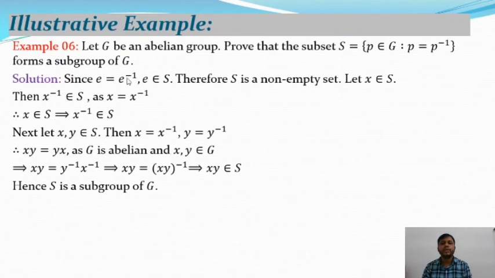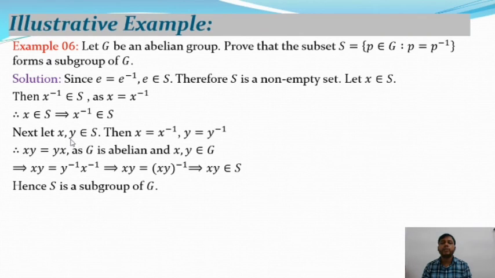So e is equal to e inverse, and e belongs to S. So therefore S is a non-empty set, and let x belong to S. Then x inverse also belongs to S, as x is equal to x inverse, it is given. So therefore x belongs to S implies x inverse belongs to S.